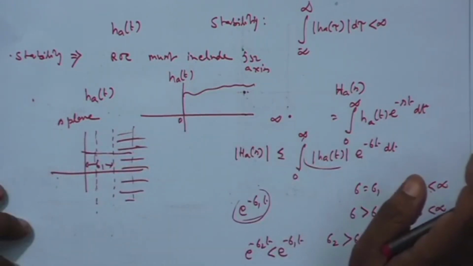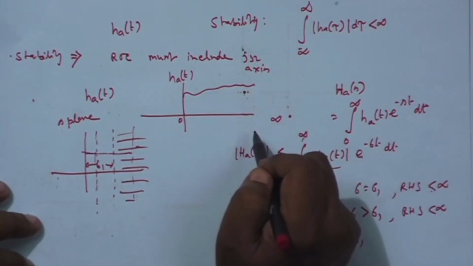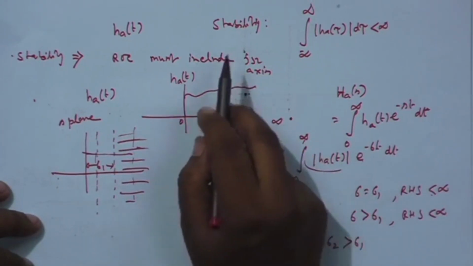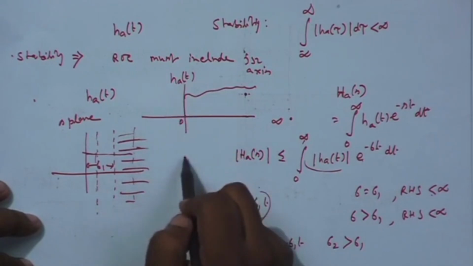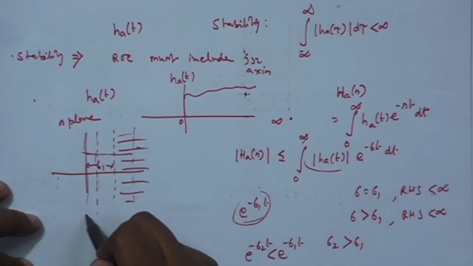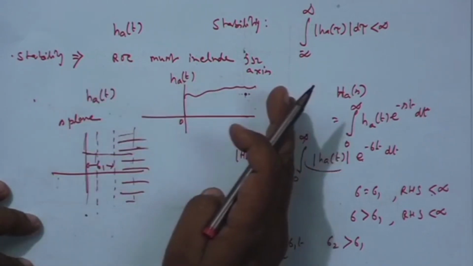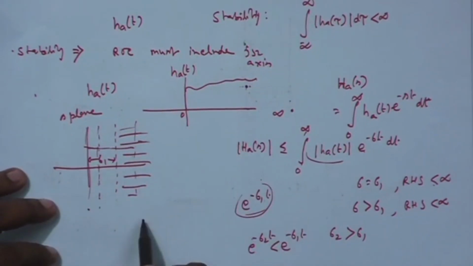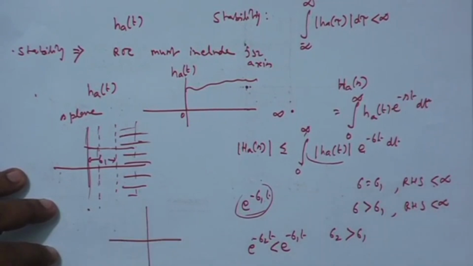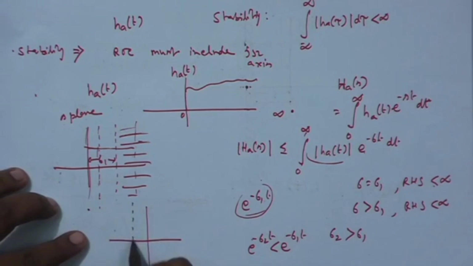Now, if I want to have stability and causality, then stability requires the ROC to contain this j omega axis. Causality requires the ROC to be to the right of some line. Therefore, both stability and causality means the ROC should start at a line to the left of the j omega axis and go rightward.